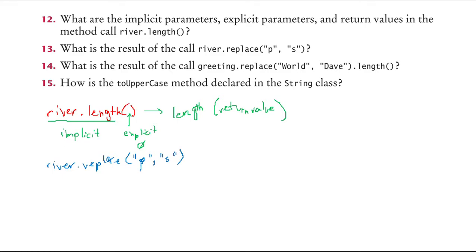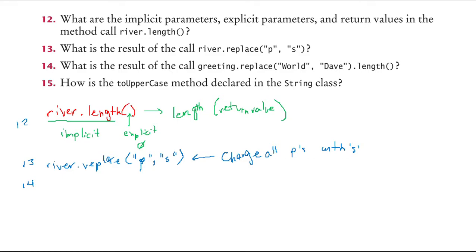Here, whatever I find with p, I'm gonna change it into s. So this would change all p with s. Okay, this is 12, and this is 13, now 14.